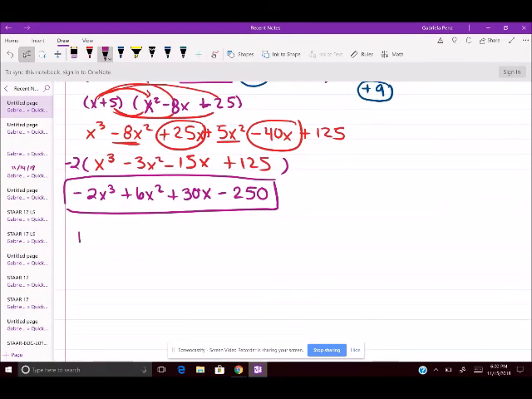Now, the next one here is a lot easier. It's less work. So we're going to say we have a leading coefficient of 1, a degree of 4. Your zeros are going to be 3i, 2, and negative 2. Now, remember, if they tell you you have a 3i, you also have a negative 3i, the conjugate of it.